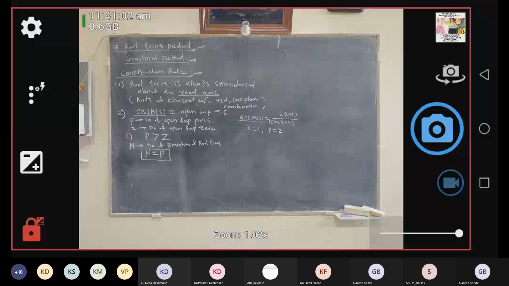Okay, and the point at which your root locus starts always corresponds to K equal to 0.